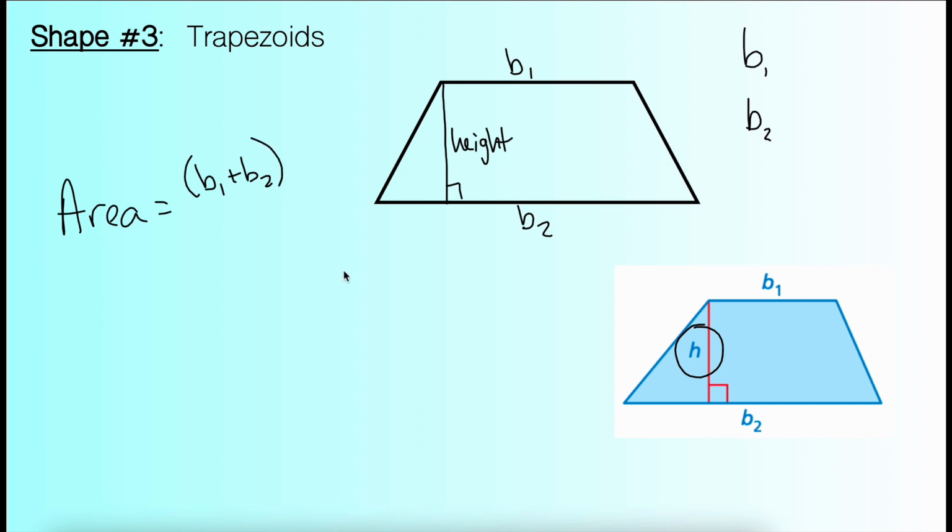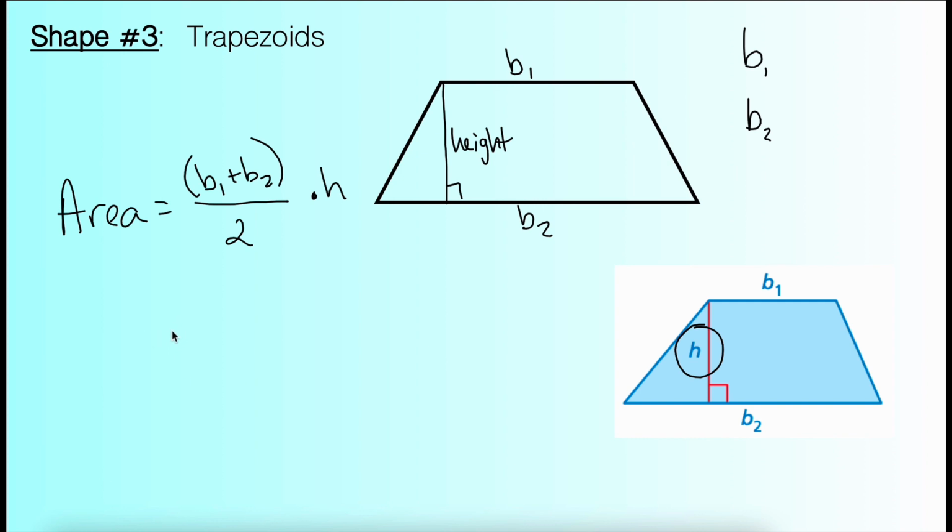So no matter what, you need to find the sum of the bases, whatever this length is, plus whatever this length is. And then you need to half that, so divide it by 2. All of that needs to be multiplied by the height of the trapezoid. Sum the bases and cut that value in half, multiplied by the height.